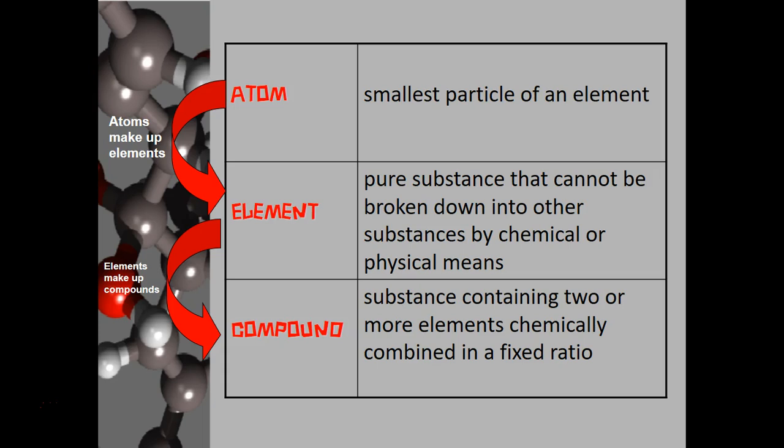A pure substance is something that cannot be broken down into any other substance via chemical or physical means without losing its inherent characteristics. Physically I can smash an atom together and get particles, but it will not retain the characteristics that are inherent to that element once I break it down any further.